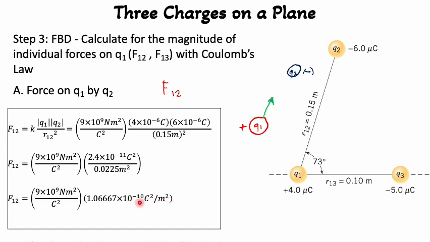Again, please do not round the values here first. And then multiply it with K, the proportionality constant. When you multiply this, you will cancel the units for coulomb and meters. So the force acting on Q1 by Q2 is 9.6 newtons.